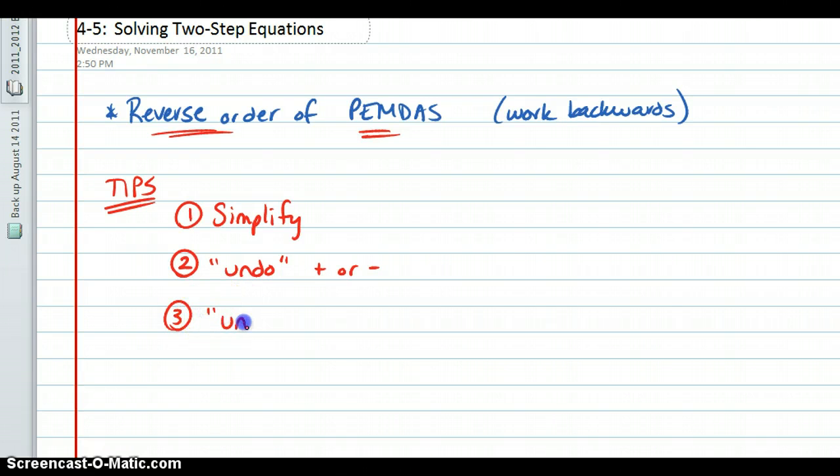And then you want to go ahead and undo any multiplication or division. It's really important to work backwards as we solve for our variables. So that's again why we touch on the addition subtraction first and then hit the multiplication or division.